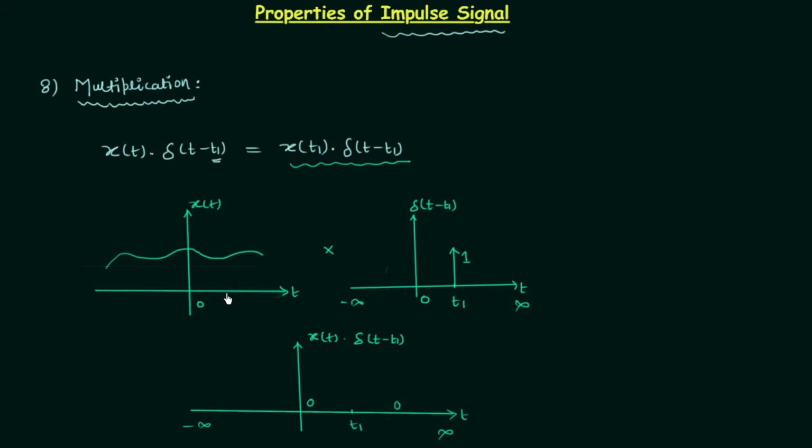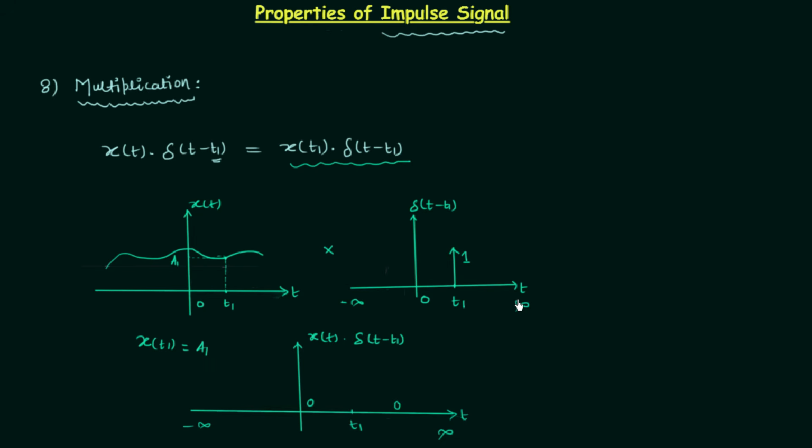Now in this signal, let's locate t1 first. This is t1, and at t1, this is the value of signal x(t). Let's call it a1. So x(t1) is equal to a1, which is a constant value.